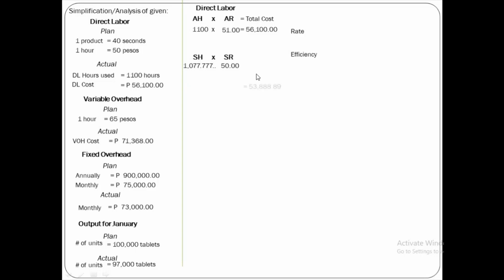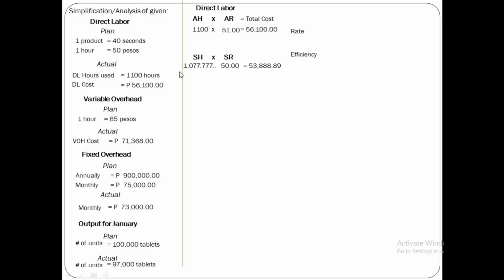But for the meantime, if you multiply 1077.77 times 50, you're going to get 53,888.89. And as you can see, there is a variance or a difference. How much of that difference is considered as rate variance and how much is considered as efficiency variance, we will know later.